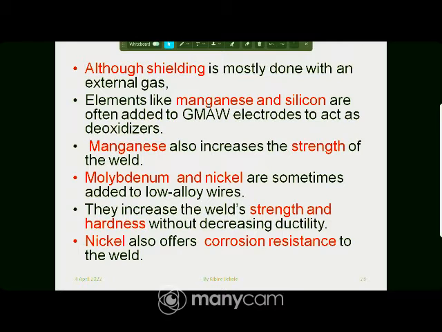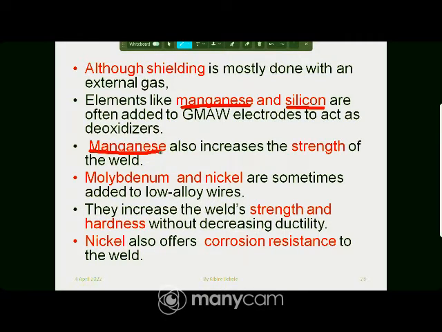Now, elements like manganese and silicon are often added to the gas metal arc welding electrode to act as deoxidizers. Manganese and silicon are added to the electrode during manufacturing of the solid wire electrode for gas metal arc welding as a deoxidizer.